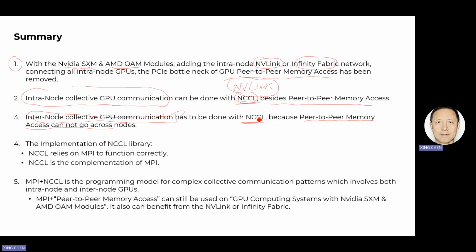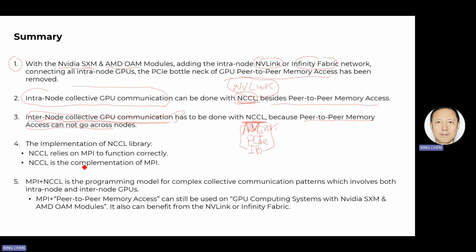To go across nodes, you have to use the NICO communication library, and the NICO communication library is going to make use of the NVLink, the PCIe, and the InfiniBand. It is going to use these three kinds of network technology to make the communication happen. What I mean is the inter-node collective GPU communication.